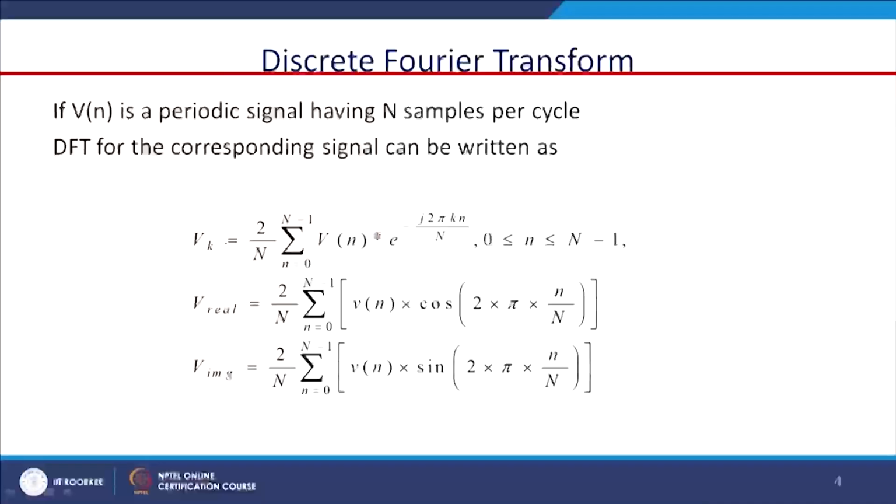Let us start with this mathematical expression of this DFT. This V_k is equal to 2 by N, summation of n equal to 0 to N minus 1, v_n e to the power minus j 2 pi k n by N. Let us define what are these symbols.